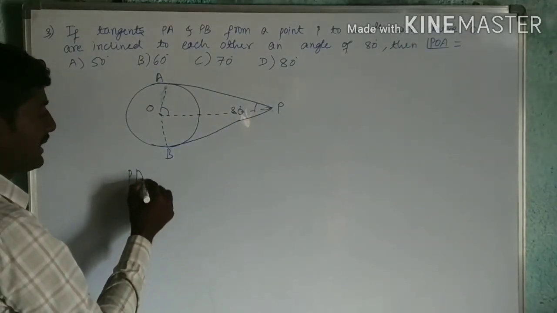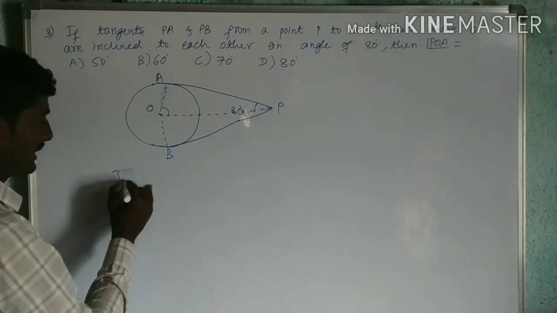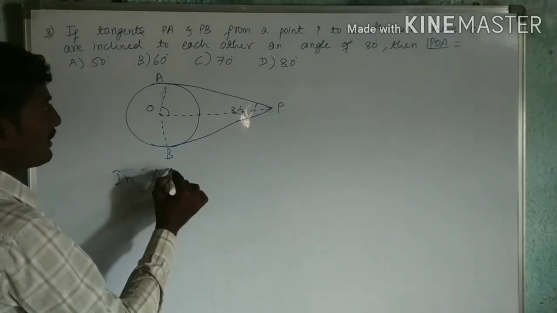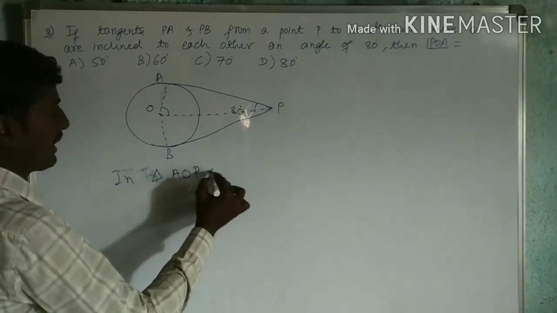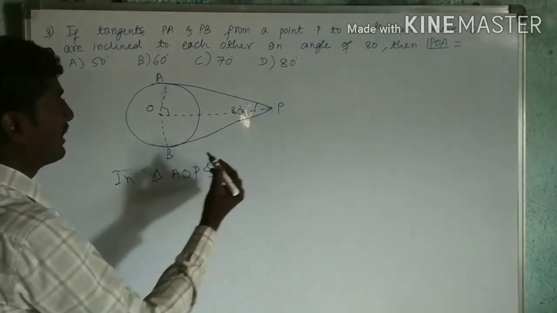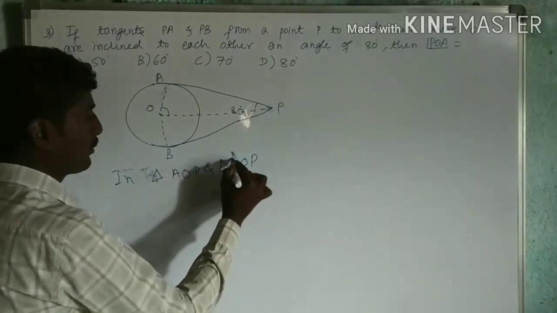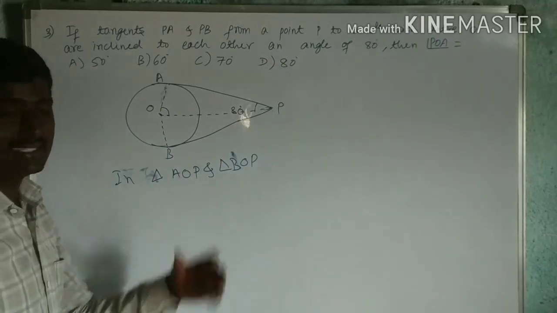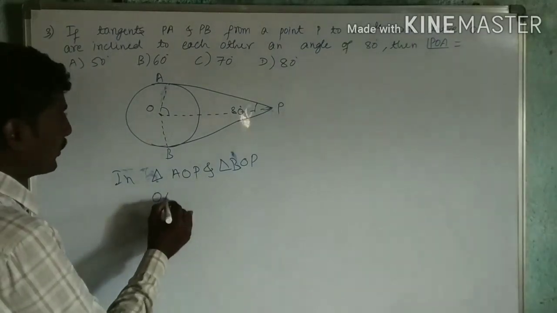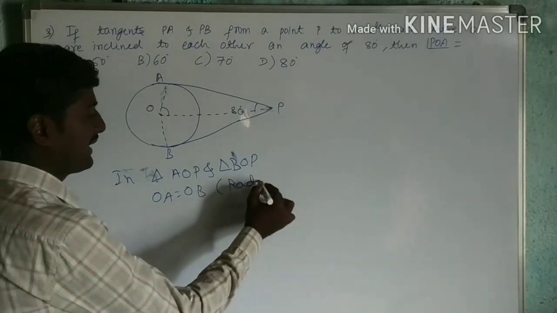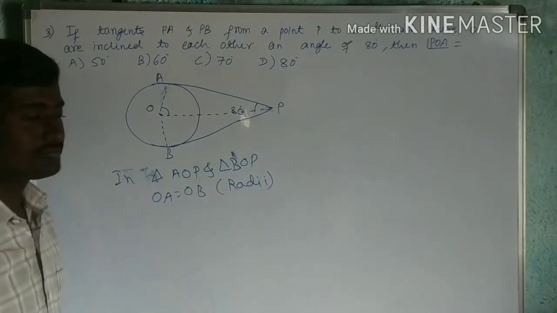Otherwise, I will write in triangle AOP and triangle BOP. In these two triangles, can I write OA is equal to OB? Because these two are radii of the same circle.